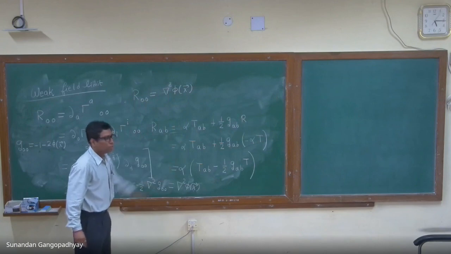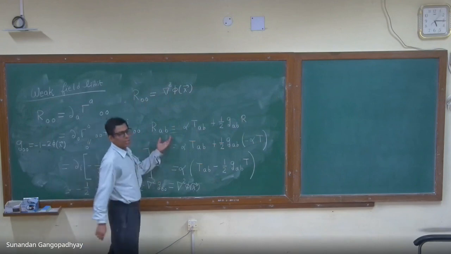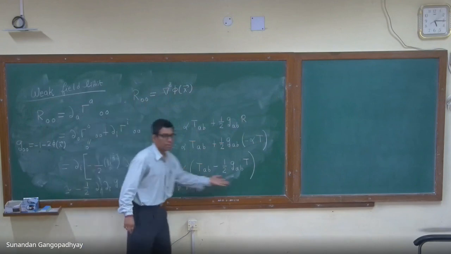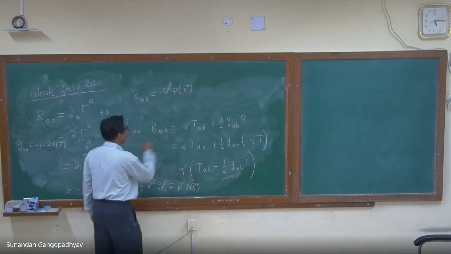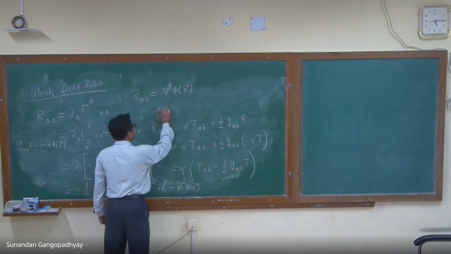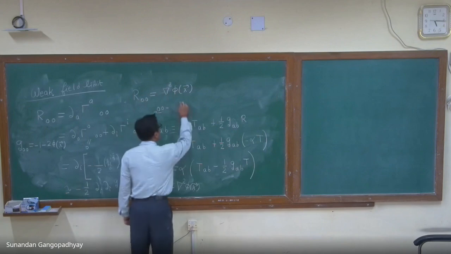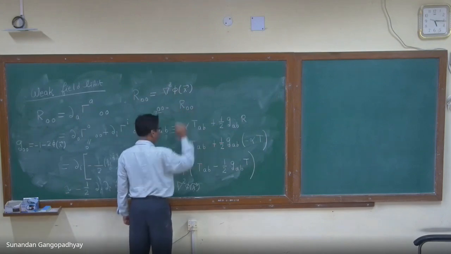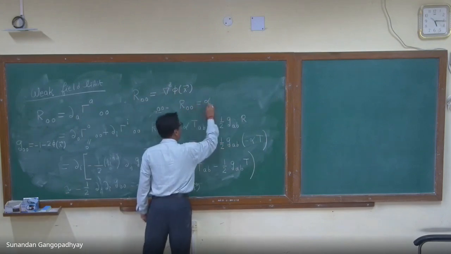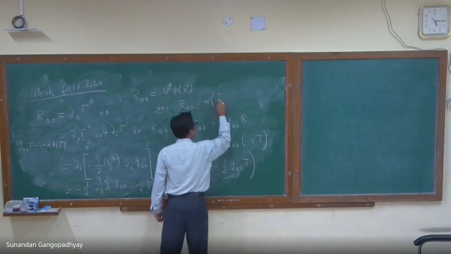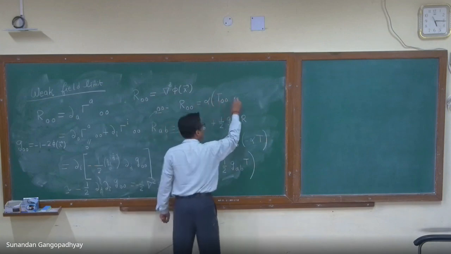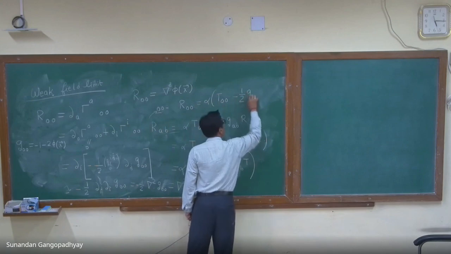It has 0, 0 component in our side. All other components are 0 because this is 0. So 0, 0 component of this equation is nothing but R00 that is equal to alpha T00 minus half G00.